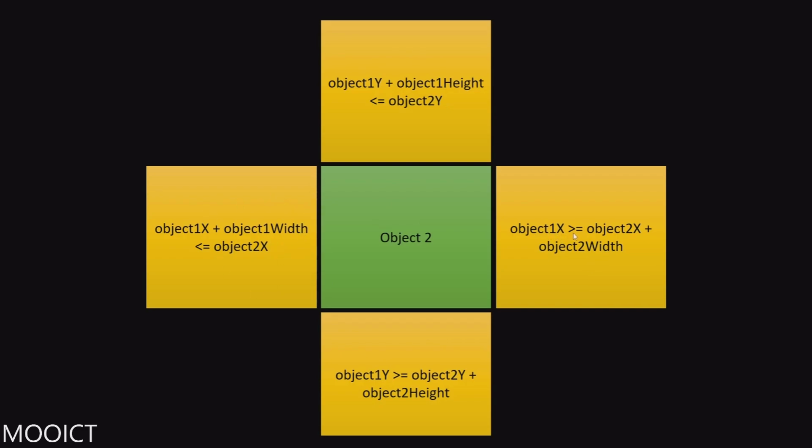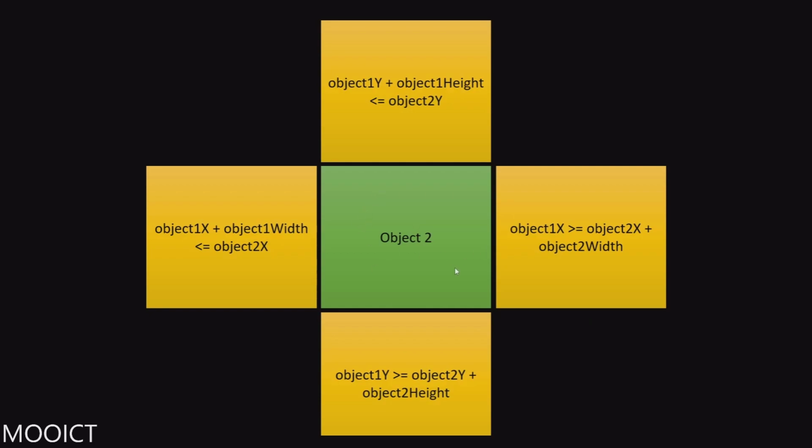But if object1x is greater than or equal to object2x plus width, so this position here and object1 is over here, then there's no collision either. We're also checking from the top side, and from the bottom side. If none of these conditions are true, it basically means the object is inside of the area of object2, so they are colliding.